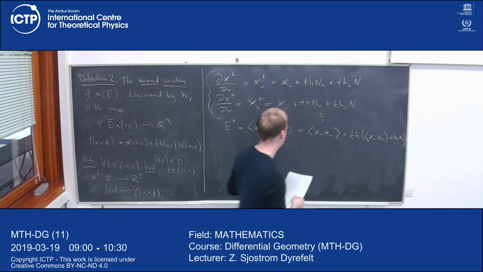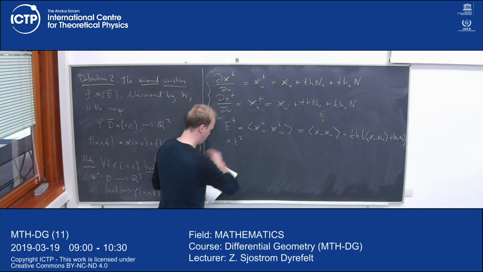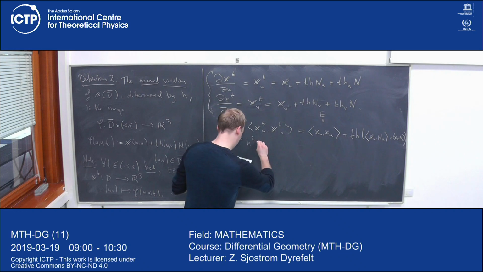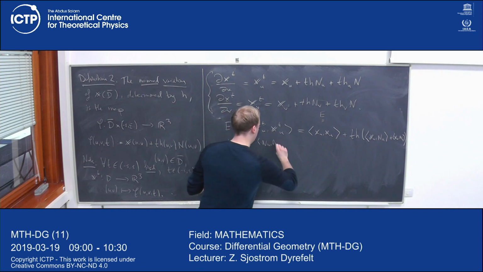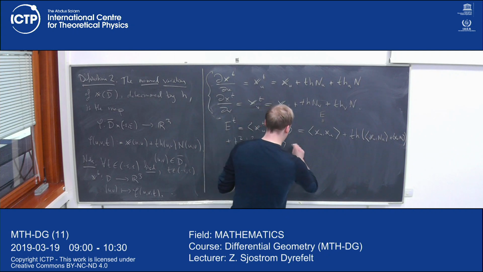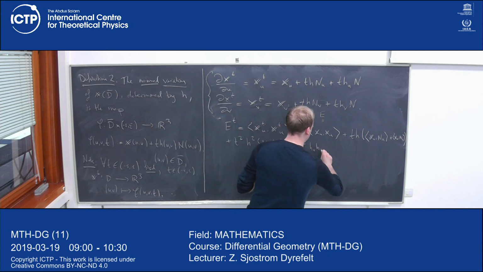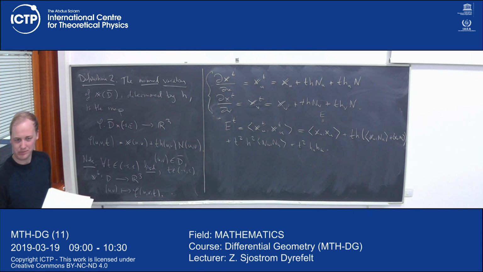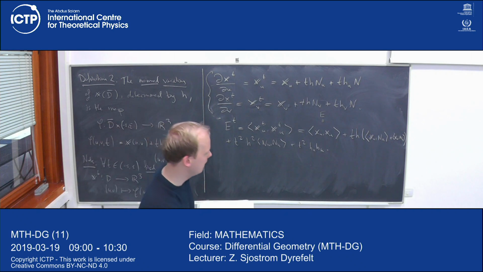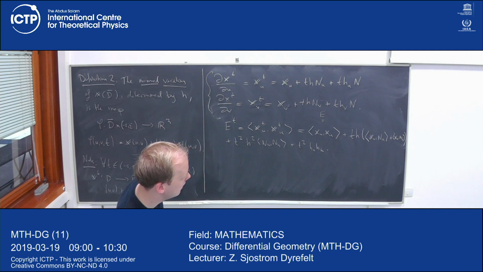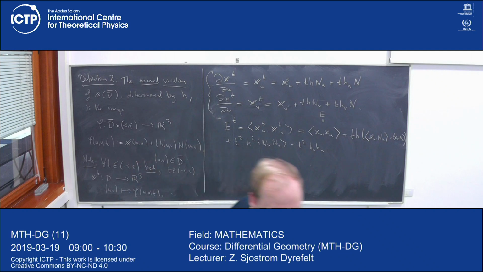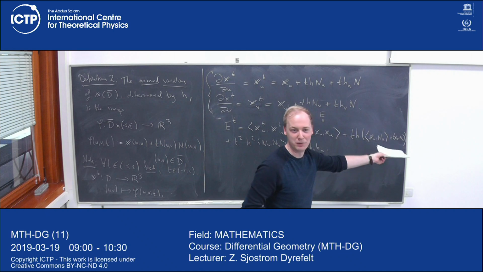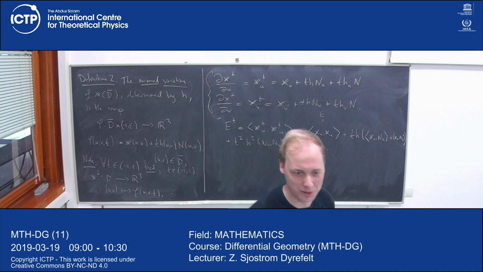Let me write it like this. And then plus t squared. What is the coefficient of t squared? You get t squared h squared n_u n_u plus t squared h_u squared. Okay, so is this clear? This one is x_u n_u and x_u n_u again? Yes, it's the same thing again. I wrote it out because if you do the F, you get two different things here, so I wanted to write it this way.